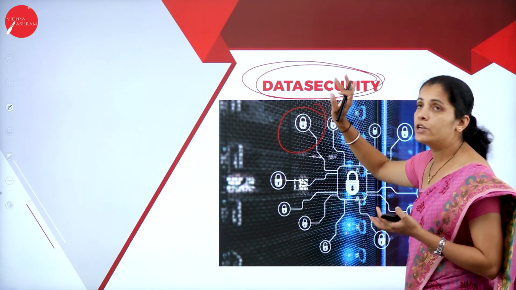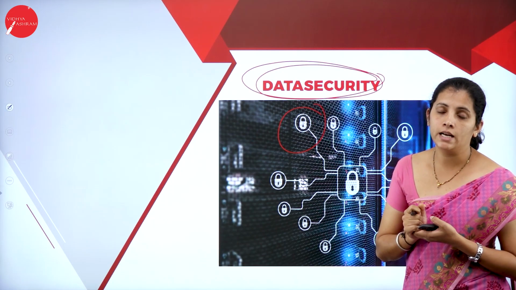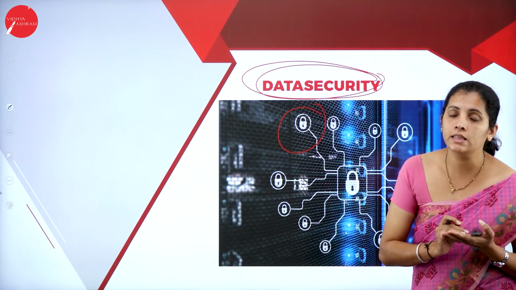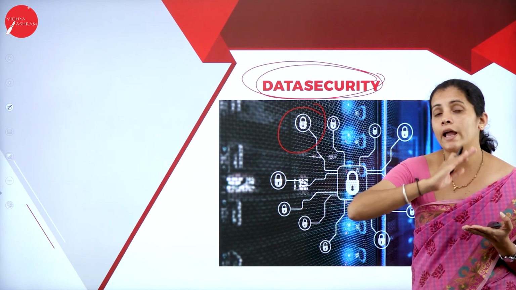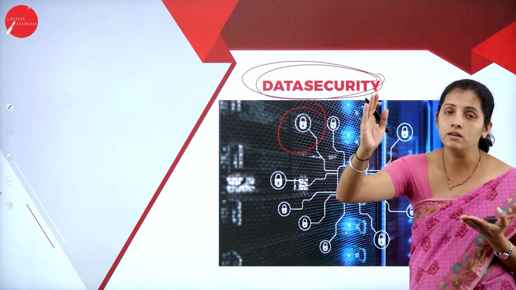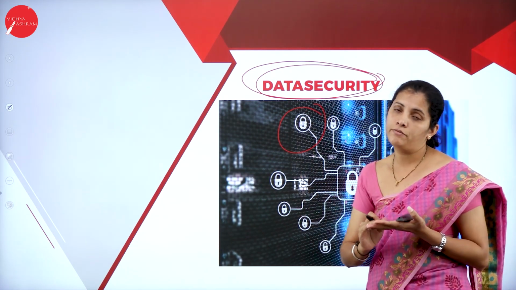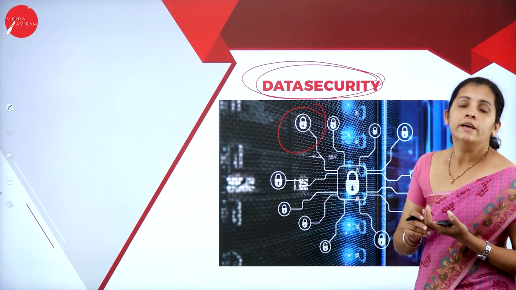So in data security, we have encryption and decryption. Encryption is nothing but encrypting or encoding the actual data into some other form. That means translating your original data into some other form, that is called encryption.